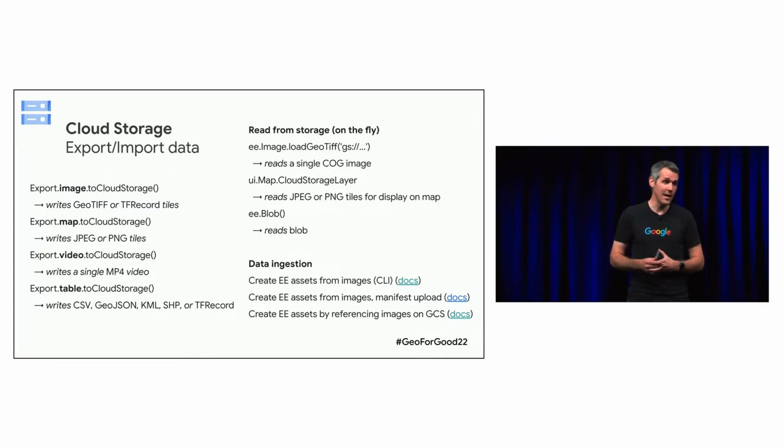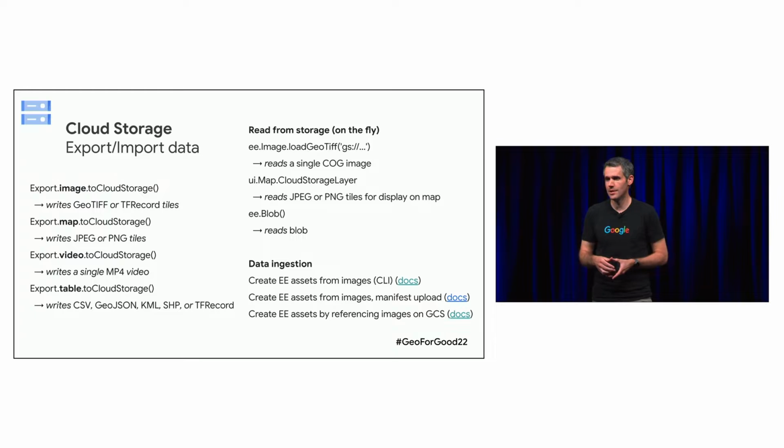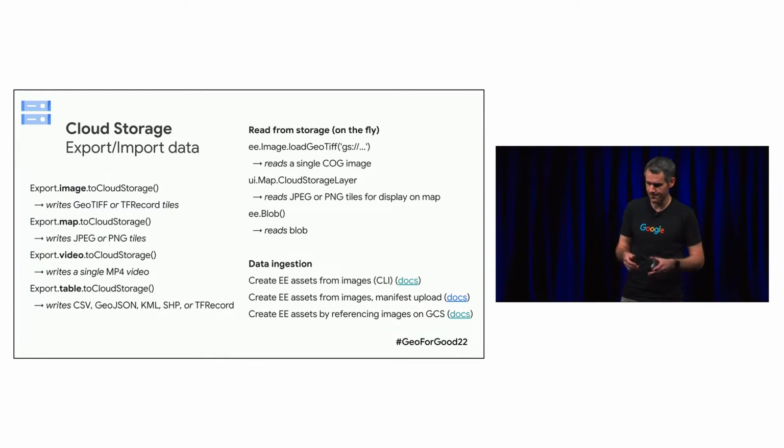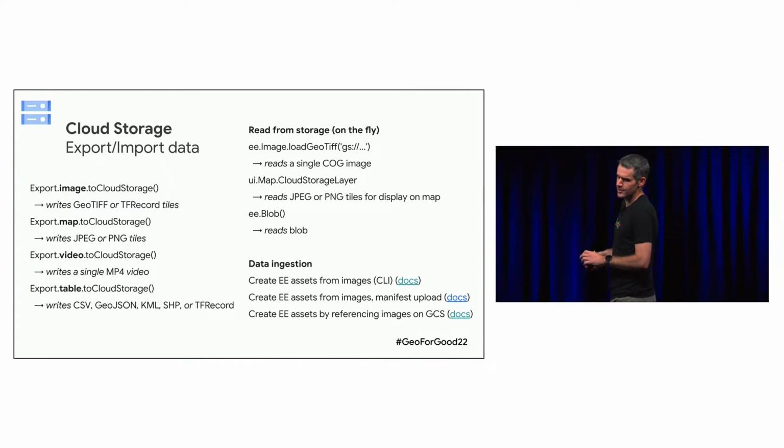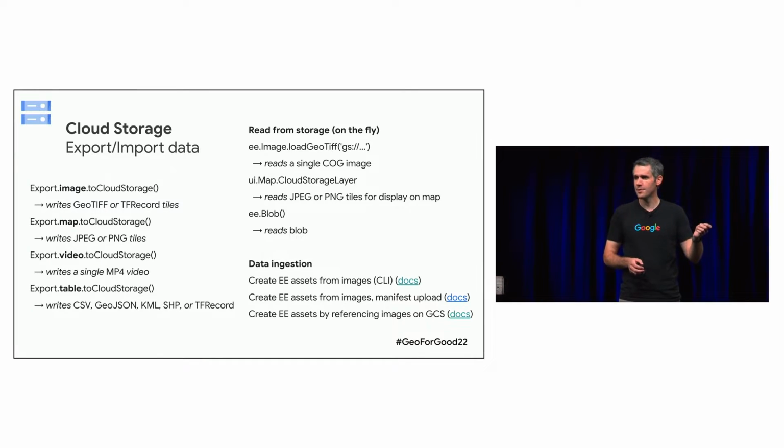The other thing you can do with Earth Engine and cloud storage is read data from cloud storage, and either read it on the fly and operate on it in Earth Engine, or ingest data from cloud storage into an Earth Engine asset. So we have this function, load GeoTIFF, which allows you to read on the fly a cloud-optimized GeoTIFF that is stored within cloud storage.